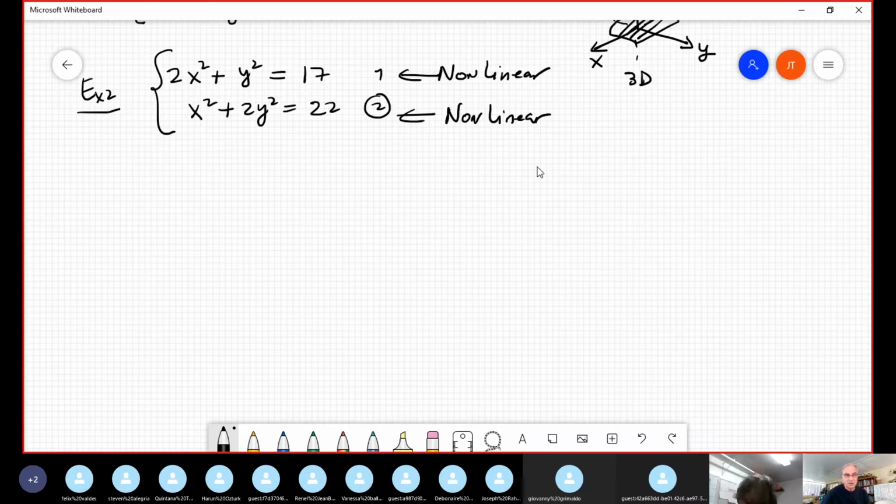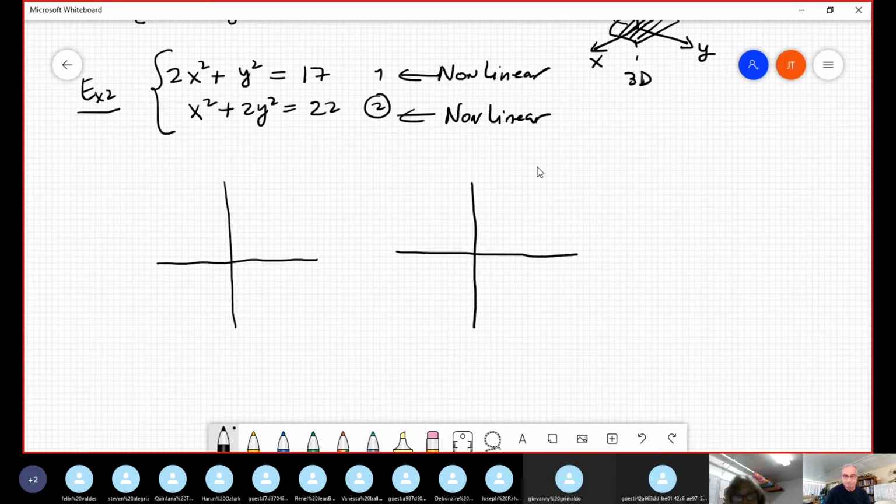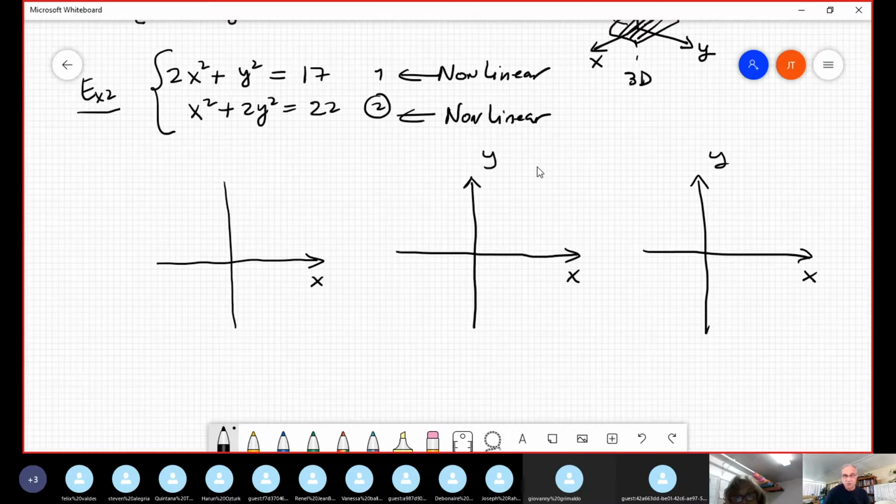Okay, but in non-linear, it's different. Let me illustrate some possibilities. This is 2D, of course. We focus on 2D now.